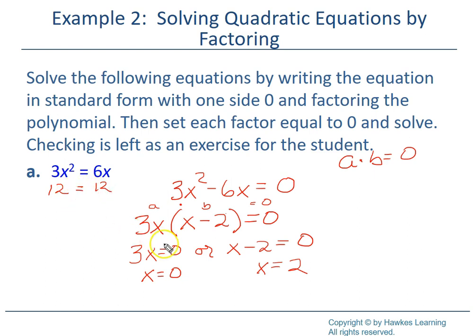And this checks. So through the method of putting it in standard form, where we set our quadratic equation equal to 0, and factoring it, which is what we did here, we got our solution. And there we are.